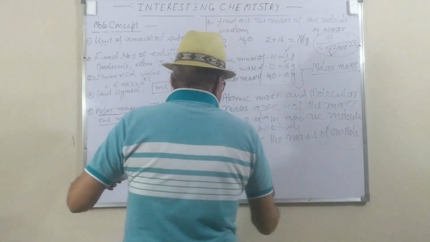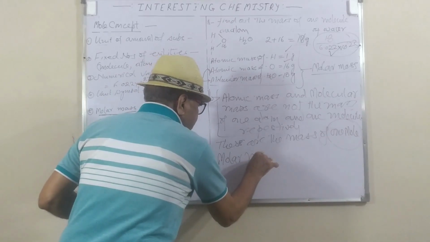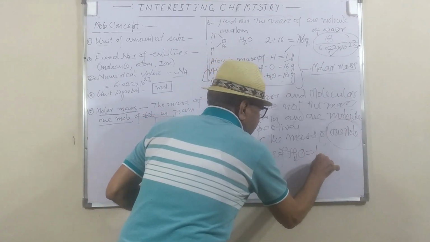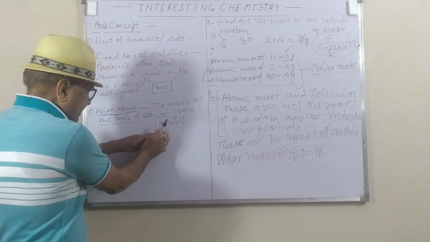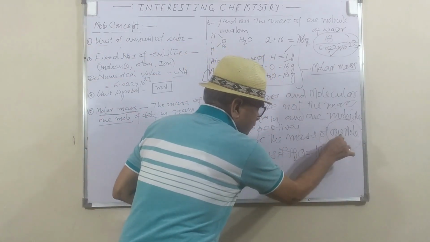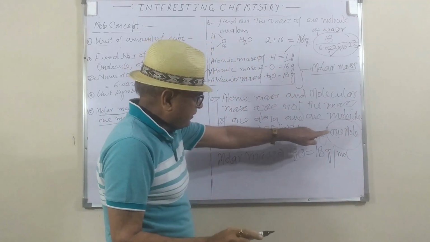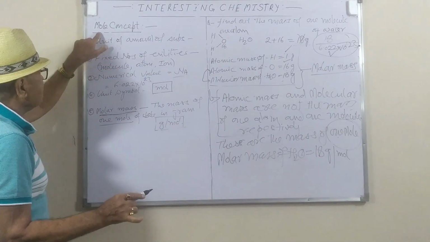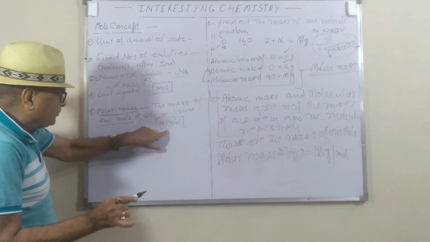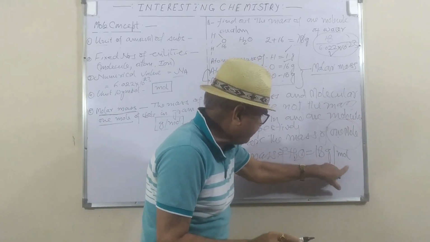So the molar mass of H2O is 18, and the unit is gram per mole. It is the mass of 1 mole, so I write the symbol of the unit simply as mol. So 18 gram per mole.